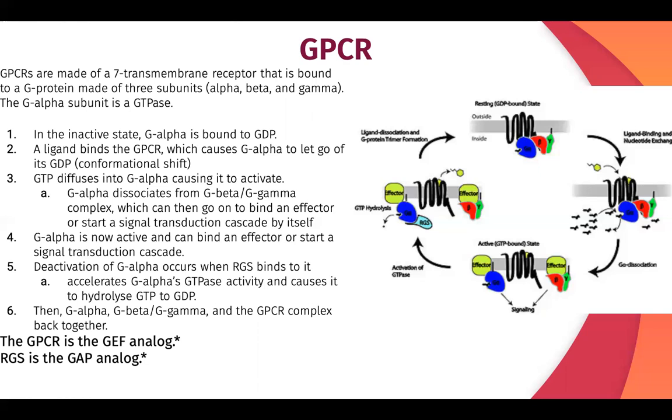So the GPCR is like GEF, the guanine exchange factor that causes a conformational shift, so you release GDP. And then RGS is like GAP, where it helps your GTPase become a better enzyme. Does that make sense? Even though I had that pause there. I forgot what RAN was for a second.